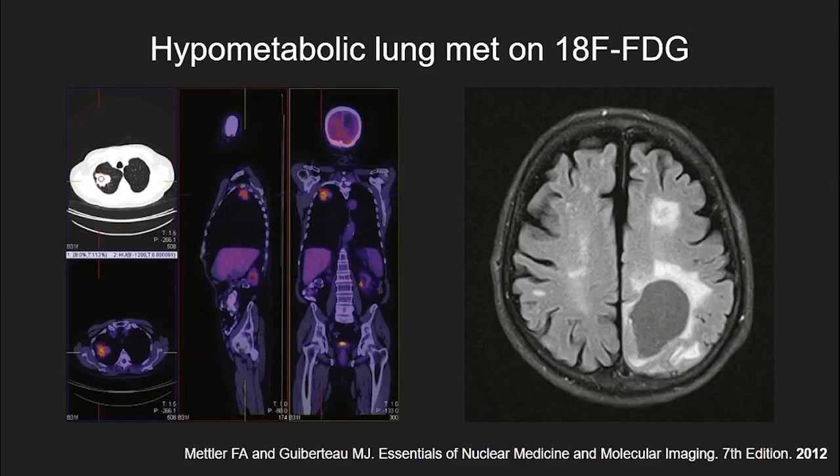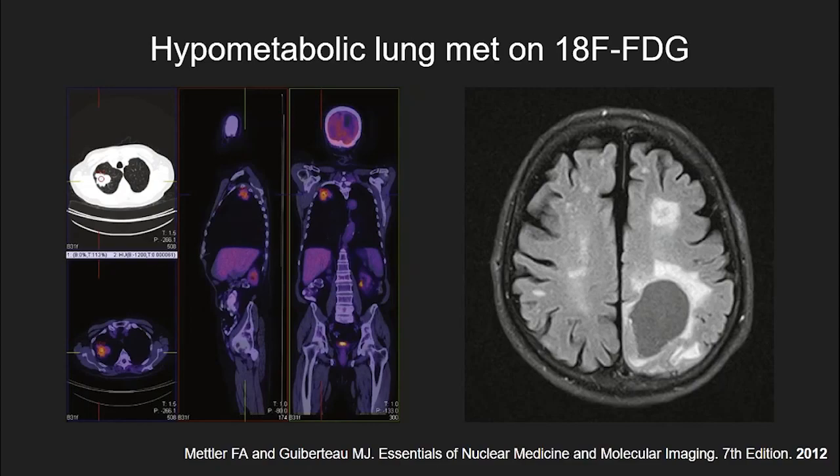This is an example of a brain metastasis that does not demonstrate significant FDG uptake on PET-CT. This is an example of a lung cancer, and although the lung cancer itself in the right lung apex is FDG avid and can be seen very clearly both on CT as well as on the PET-CT fusion, the brain metastasis in the left parietal lobe is very clearly hypometabolic on the PET-CT, as can be seen in the coronal images of the fused PET-CT.